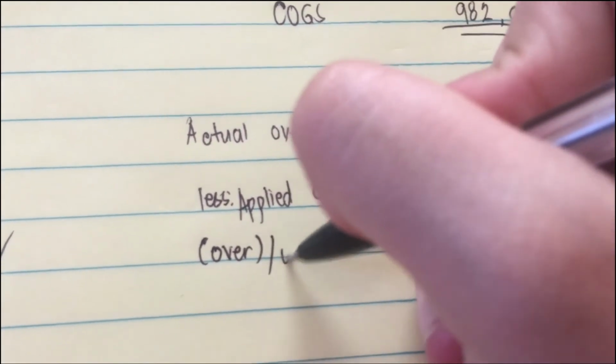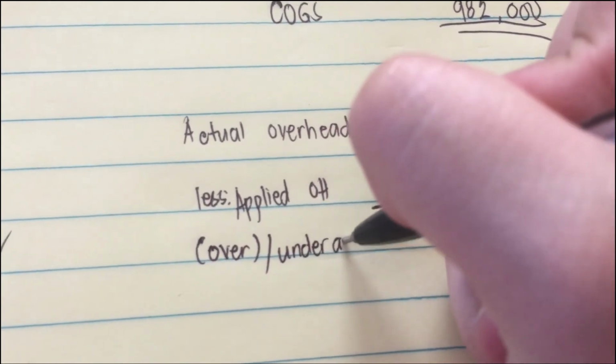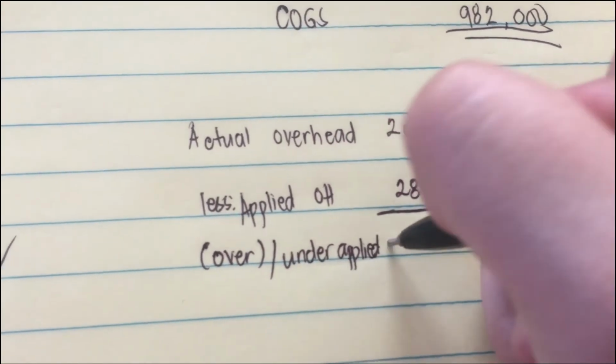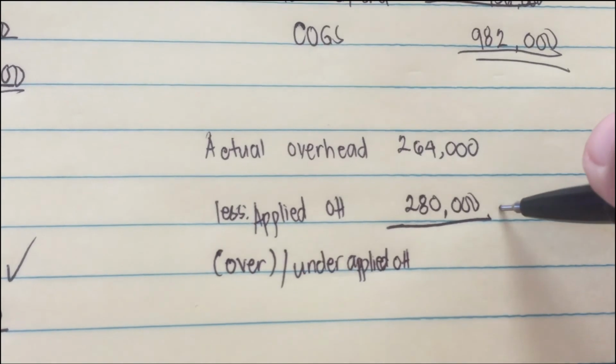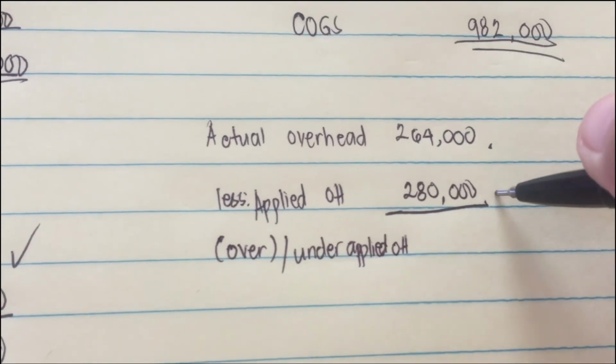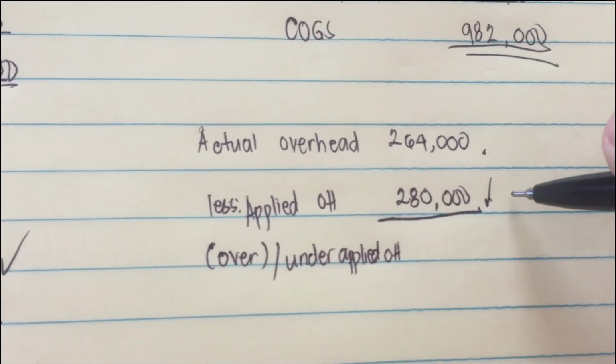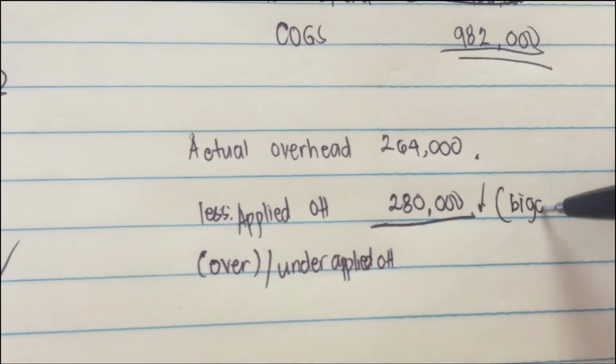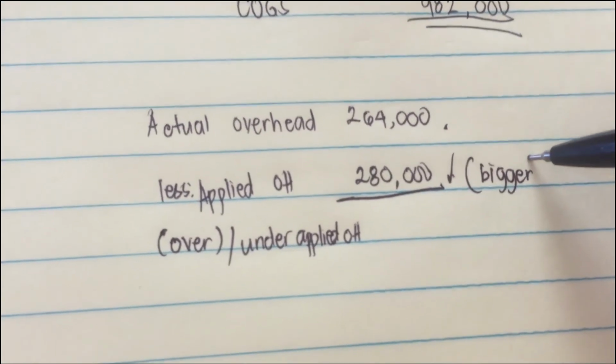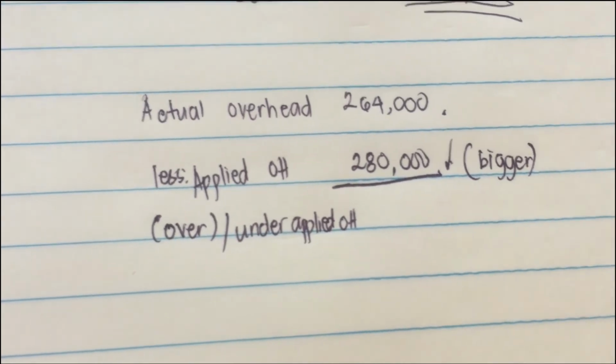We have the over or under applied overhead. Over or under? Over, because this has a greater amount, 280,000.